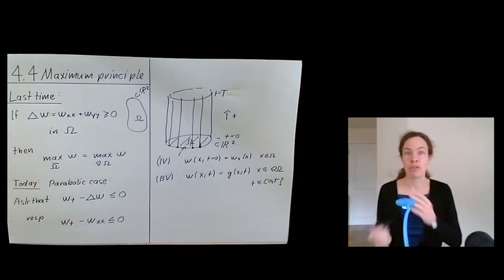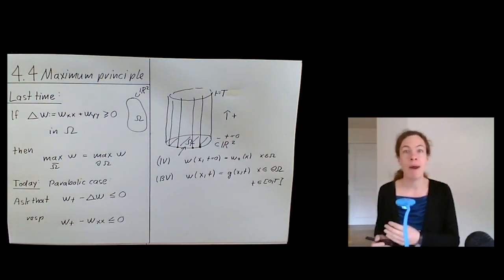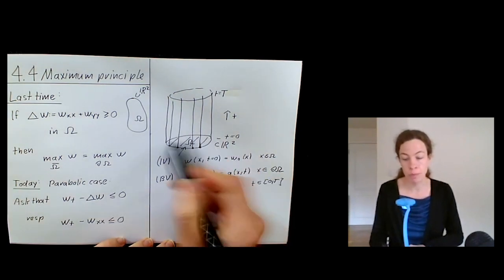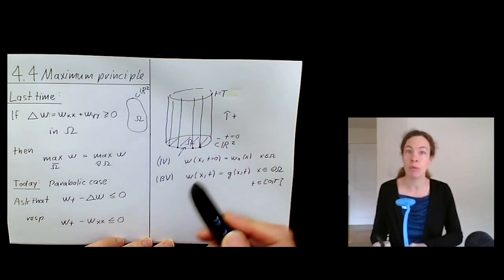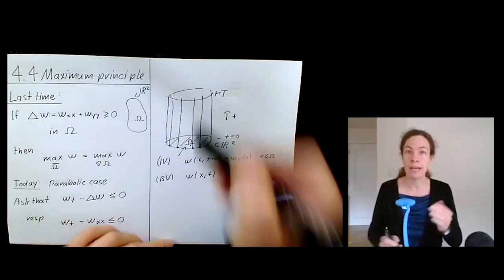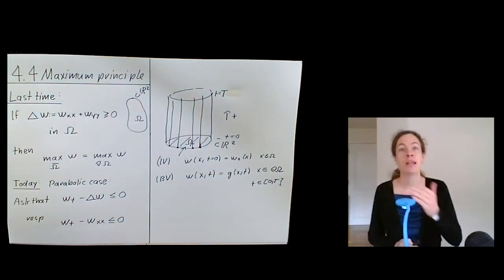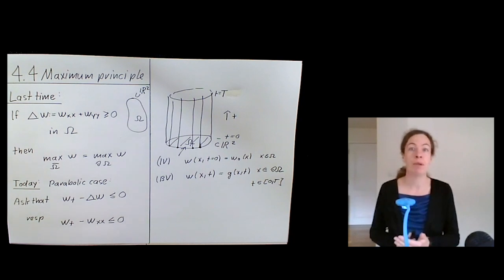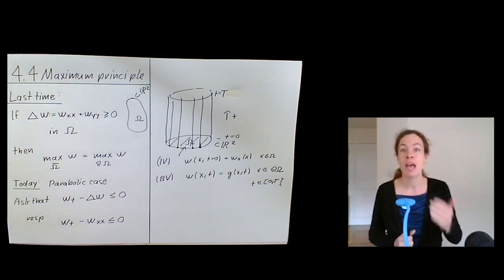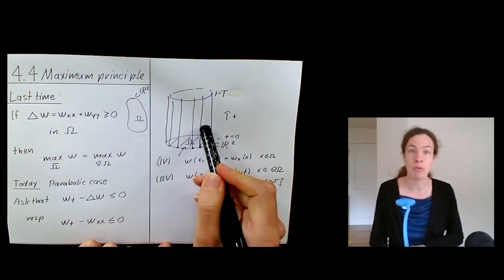But this part, the set theoretical boundary, is very different from the other parts, from this initial part and the spatial boundary, because up here you're actually going to be able to determine the function W, for example, if you evolve by the heat equation, just based on the initial and the boundary value.